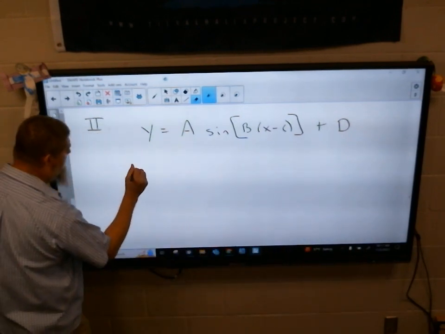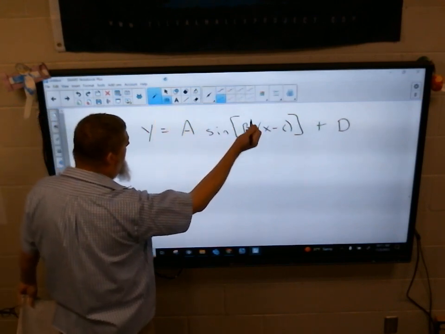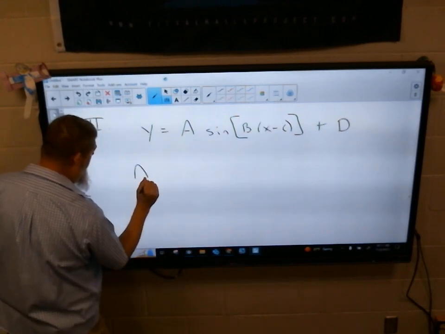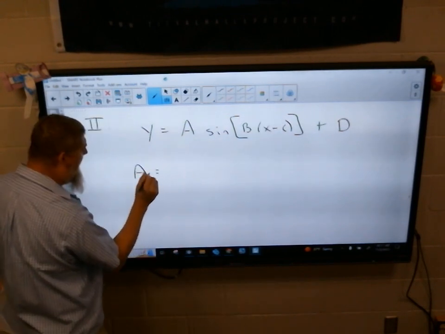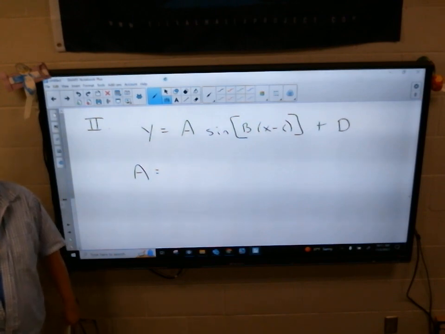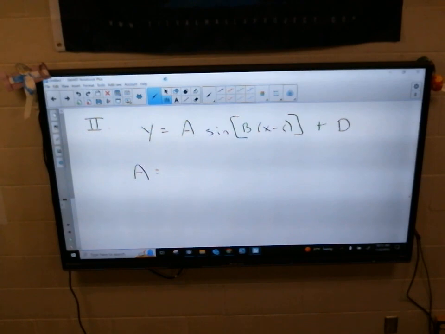A. So when we had quadratics, what did the A tell us? If we had a quadratic, we had y equals ax squared plus bx plus c.